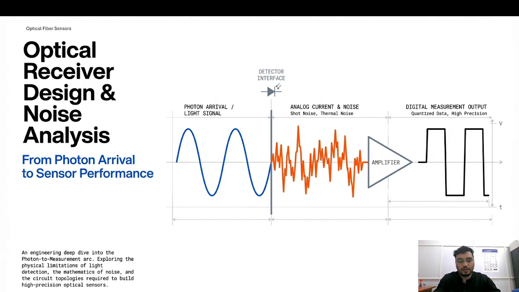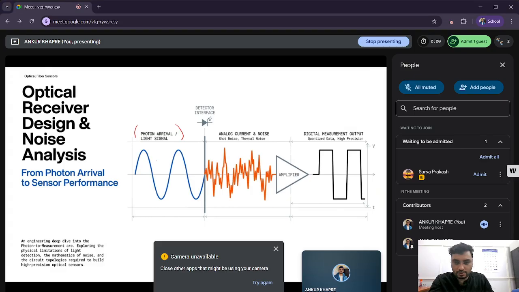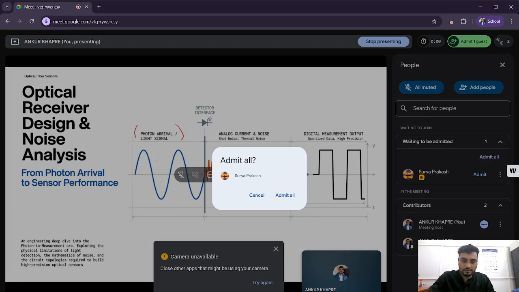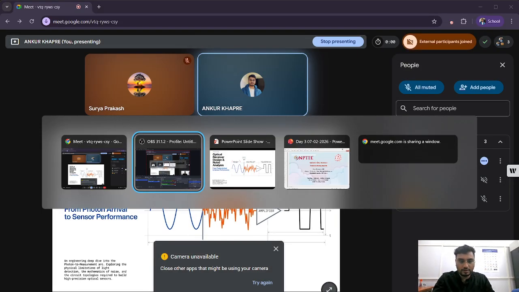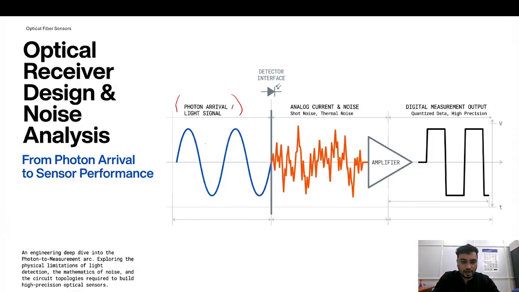You can see here how photons are arriving at the photodetector, and it is converting into the photocurrent, and we are having the noises. There are a few types of noises already written here: shot noise, thermal noise, dark current.